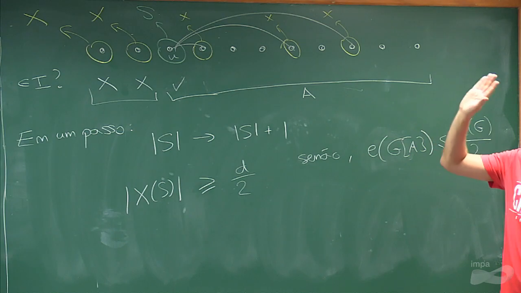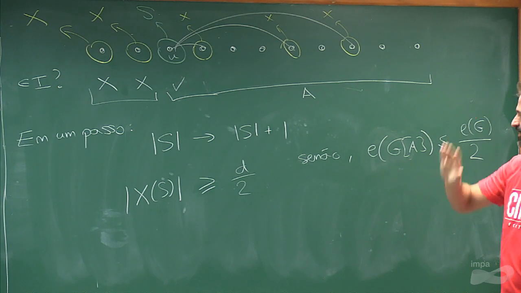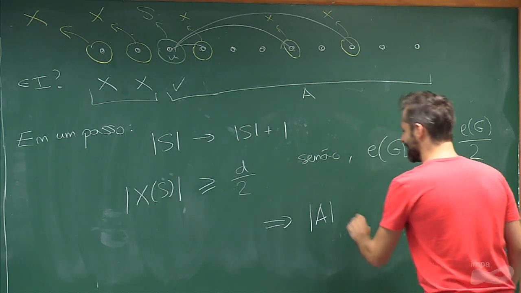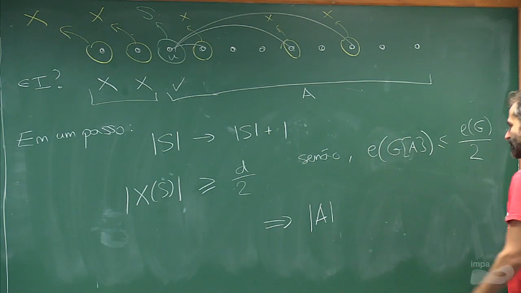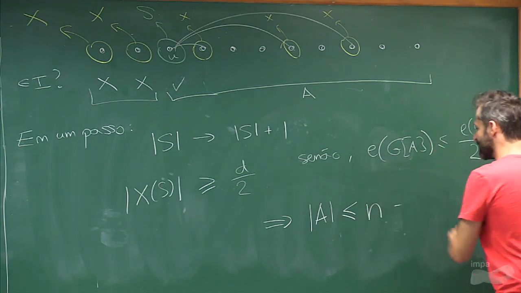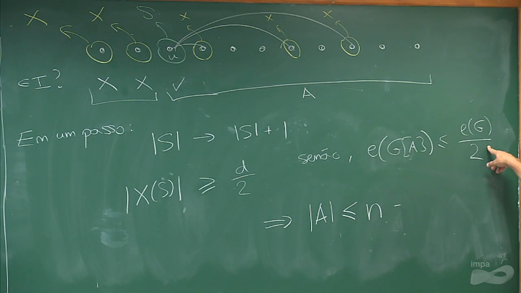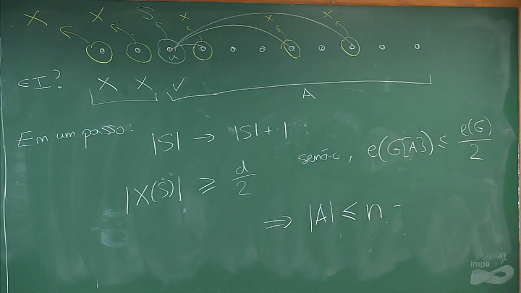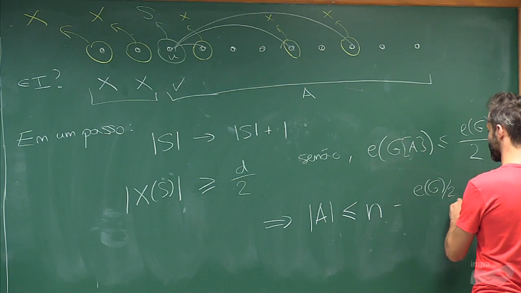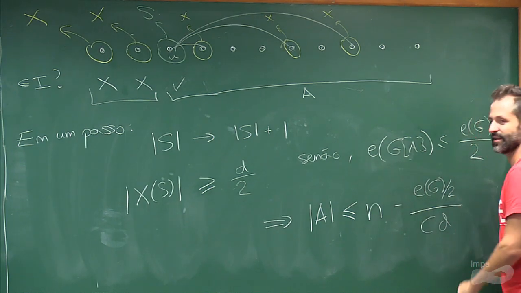OK, but the max degree is only a constant times d. So that implies that the size of A must be at most what? Well, n minus... each vertex throws away at most c times d. So it's at most E of G over 2 divided by c times d.